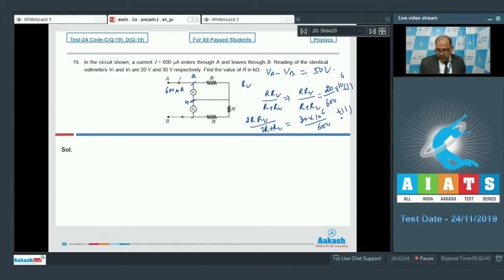Let's divide equation 2 by equation 1, and if we do that, what do we get? So 2 RV by RV will be 2, and then here you have 2R plus RV, and then the numerator will be R plus RV is equal to 3 by 2.